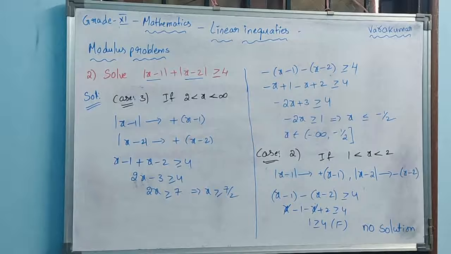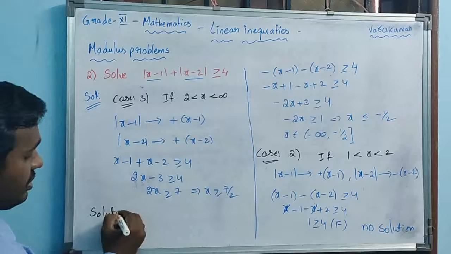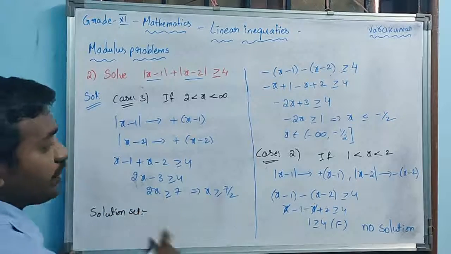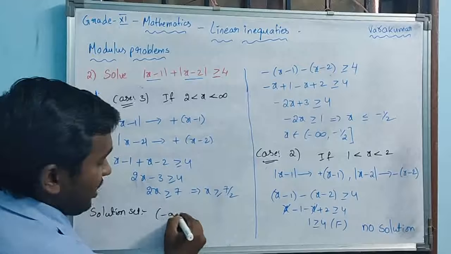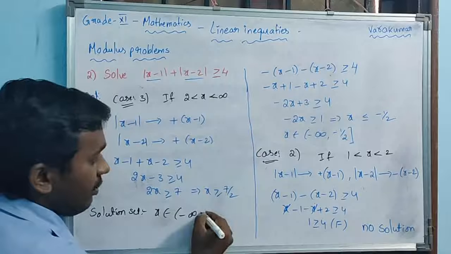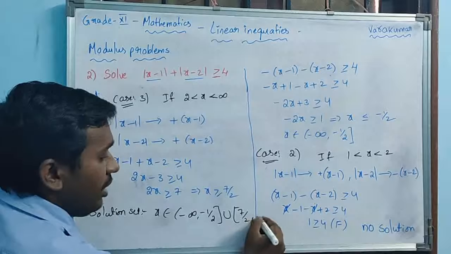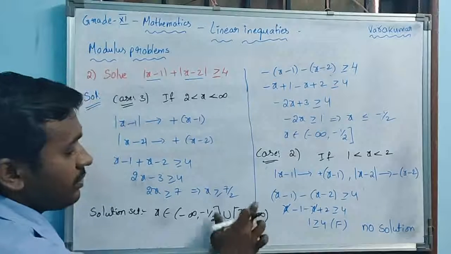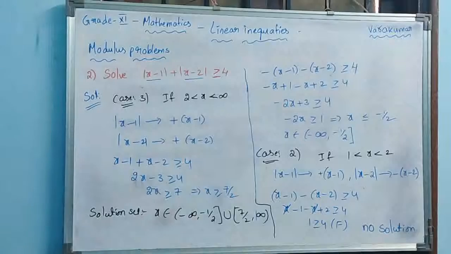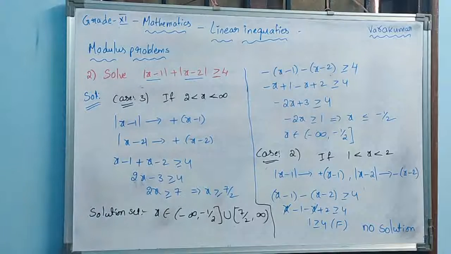The solution set will be the combined one from these. x belongs to (-∞, -1/2] union [7/2, ∞). I hope you understood.